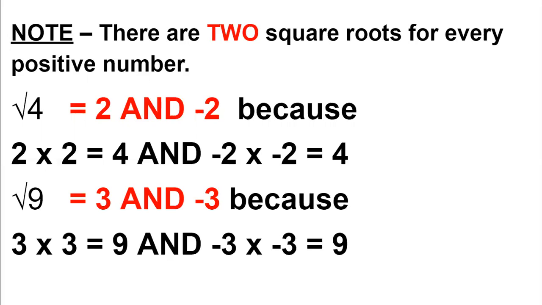And also, if you remember, negative 2 times negative 2 will also equal a positive 4, because 2 negative numbers multiplied together gives you a positive answer. Same with the square root of 9. It will have 2 answers, 3 and negative 3, because 3 times 3 equals 9, but also negative 3 times negative 3 will also give you a positive 9. And that will work with any square root.